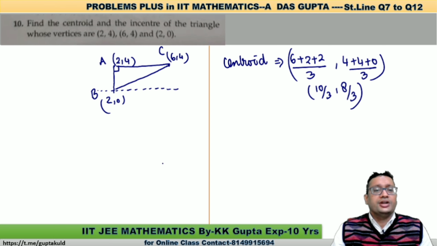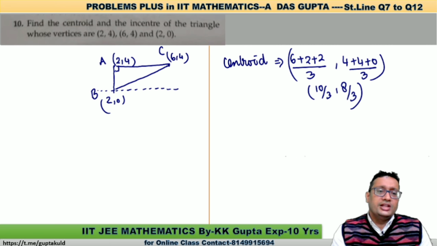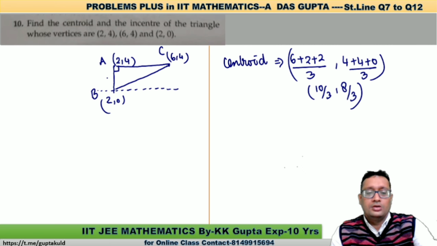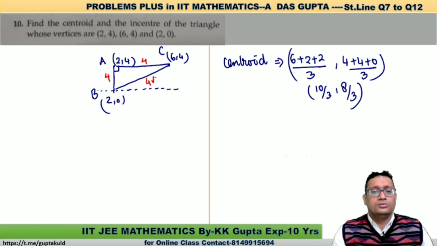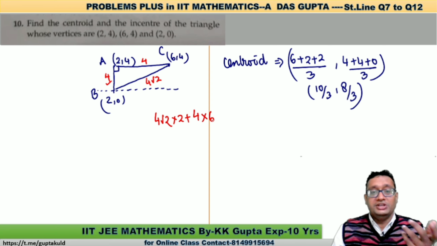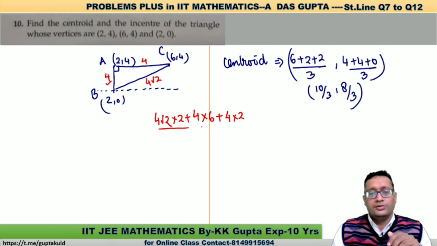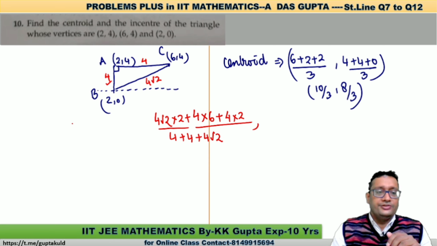For the incenter, we will find the lengths. This length AB will become 4, this will become 4, this also becomes 4, and this becomes 4√2. So the incenter x coordinate will be 4√2 multiplied with 2, plus 4 multiplied with 6, because ax1 + bx2 + cx3, plus this 4 multiplied with 2, divided by 4 + 4 + 4√2.